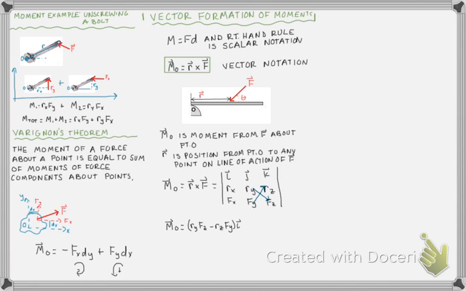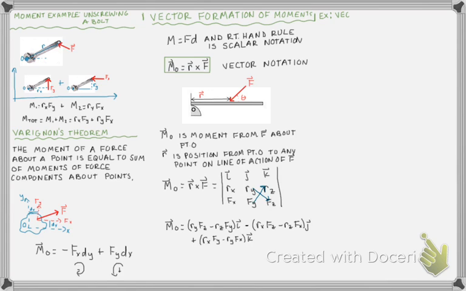Again, review these concepts from the book and the handout, and it will become more clear. Then I subtract from that (Rx Fz minus Rz Fx) times j, and then I add to that (Rx Fy minus Ry Fx) times k. And that's how you solve this matrix form to determine the vector formation of a moment.